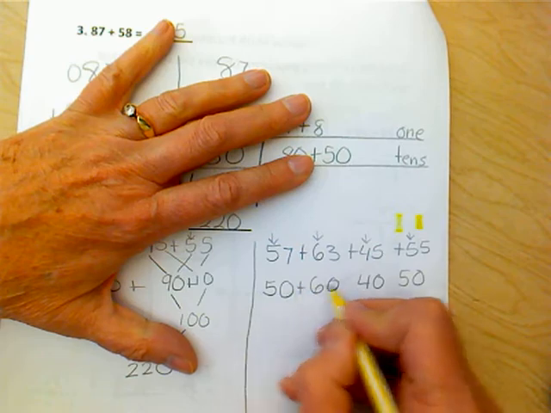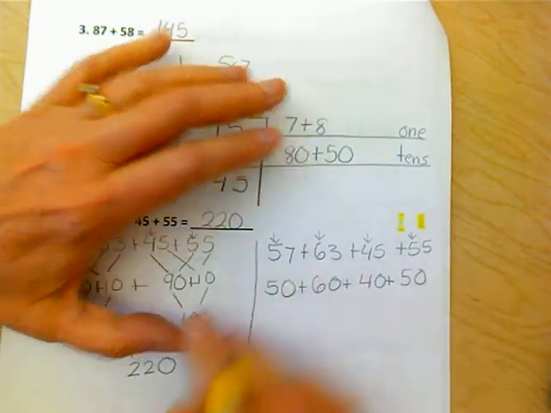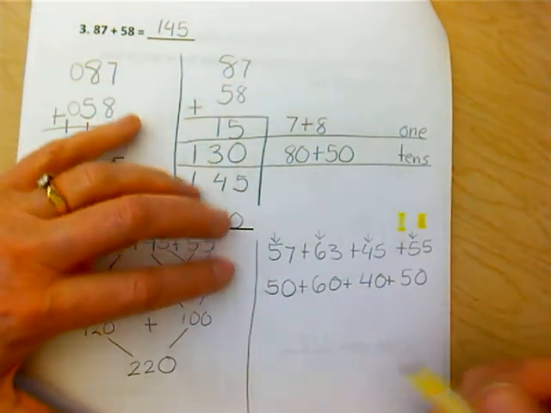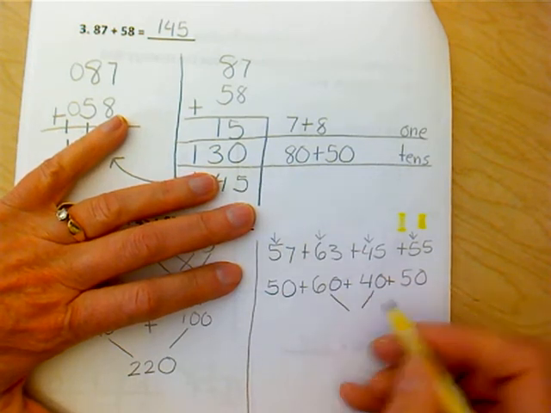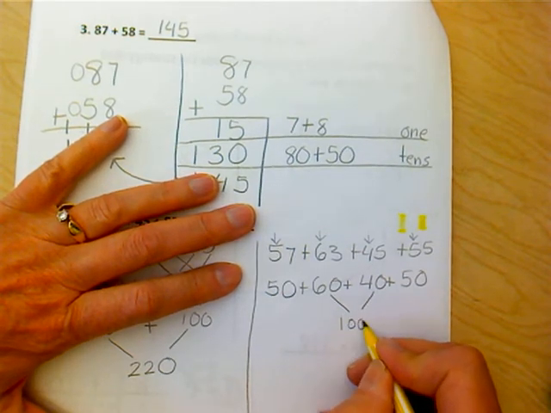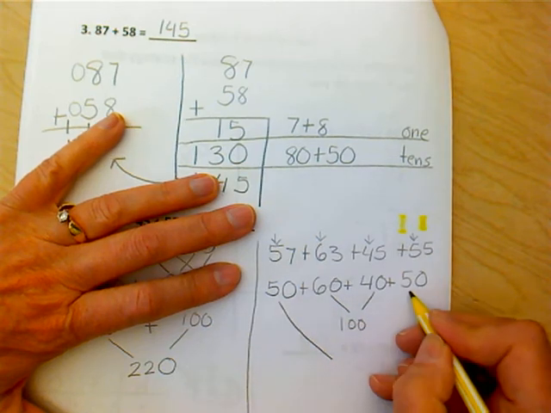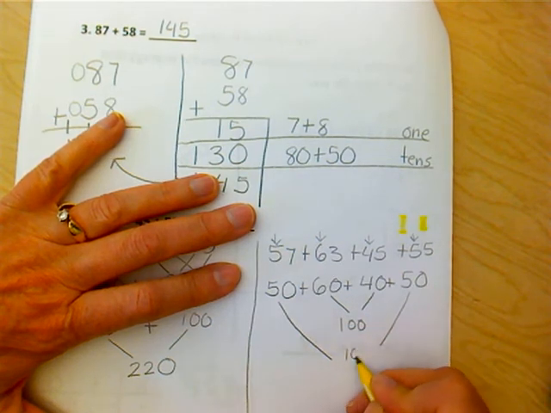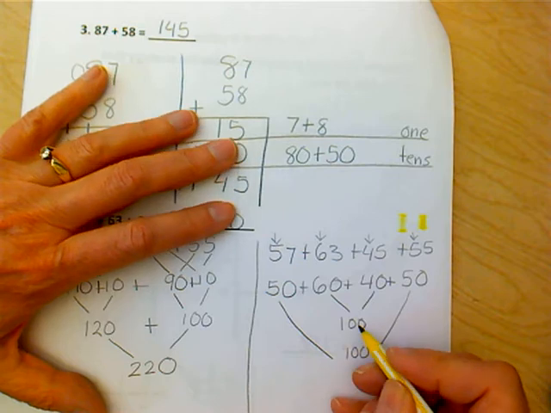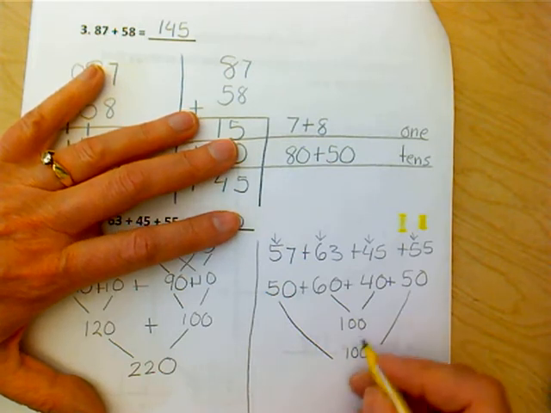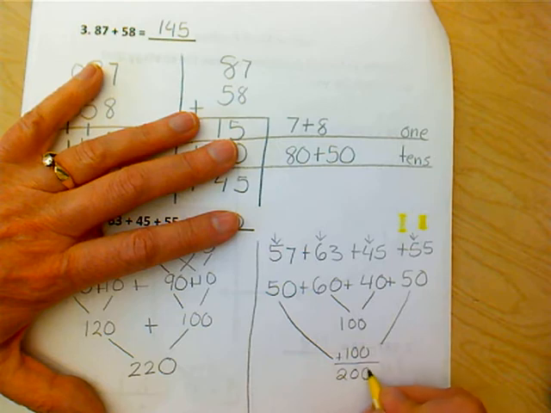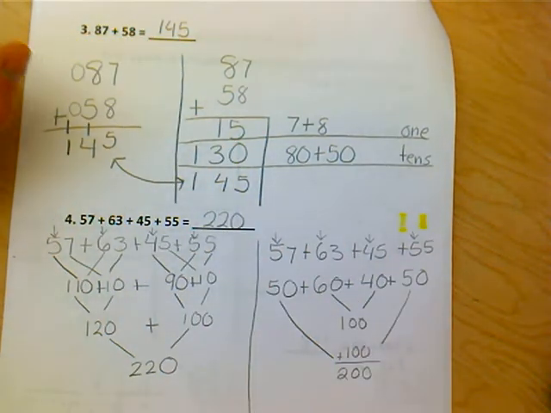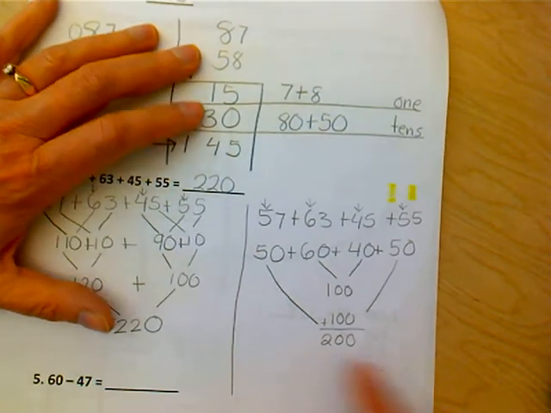So I add all of my hundreds together like this without bringing all those lines down. If I combine 60 and 40, I'm going to get 100. And if I combine 50 and 50, I am going to get 100. So 100 plus 100 gives me 200. All of my 10s total up to 200.